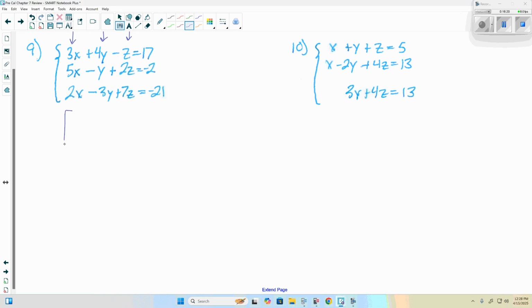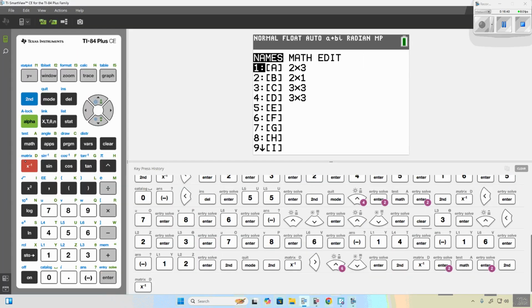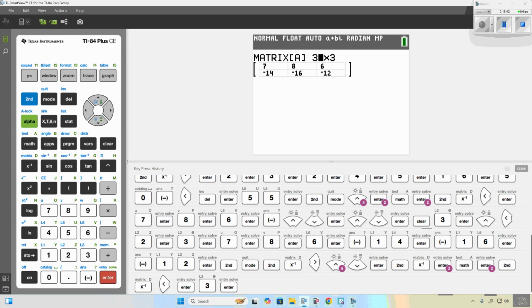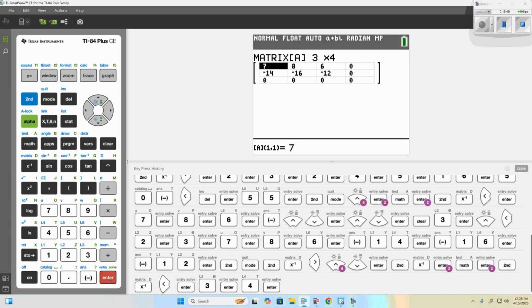Now, as a matrix, we can write this as 3, 4, -1, 17. 5, -1, 2, -2, 2, -3, 7, -21. Now, when we type this in, second matrix, it's not a 2 by 3 anymore. Now we have a 3 by 4 because we have 3 equations, 3 variables, and a number.